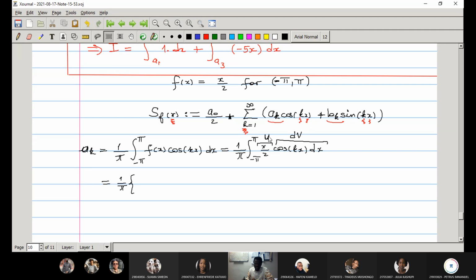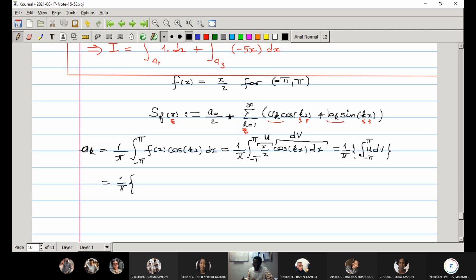So what I mean is that I keep the 1 by pi, and what is inside here is my integral of u dv from negative pi to pi. So this is what I'm integrating, where u is this x.